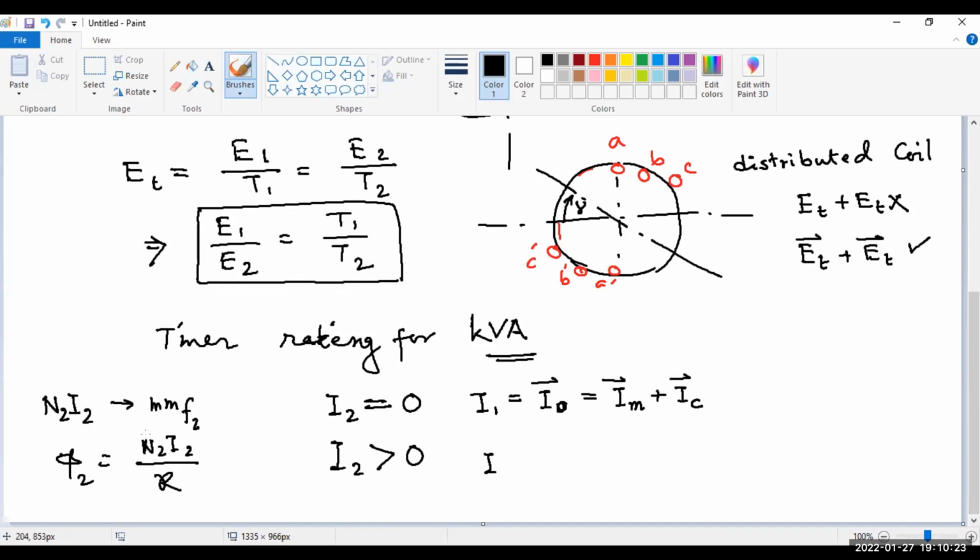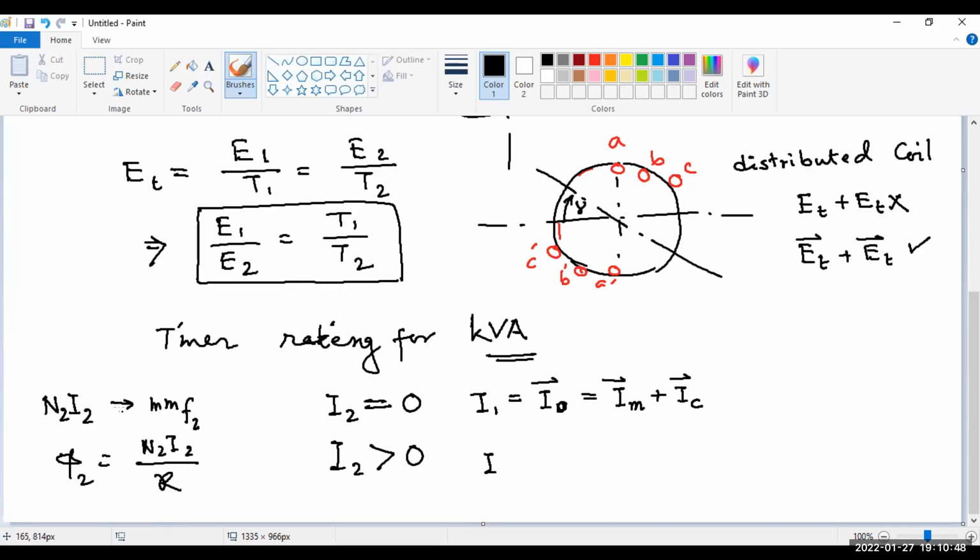Not only the MMF decides the flux, but also the value of the reluctance or the permeability of the material, because reluctance is inversely proportional to the permeability. Am I right? So that decides the value of flux. That main thing, the MMF, you are missing.